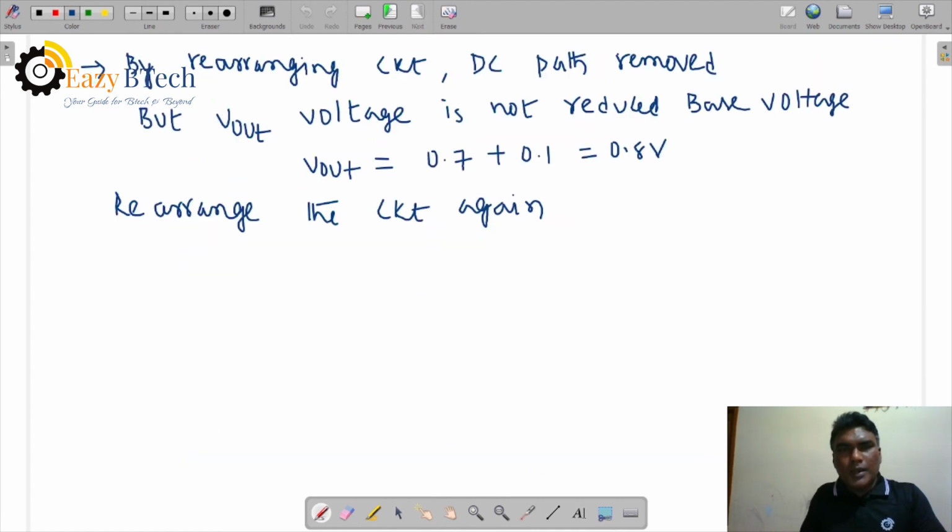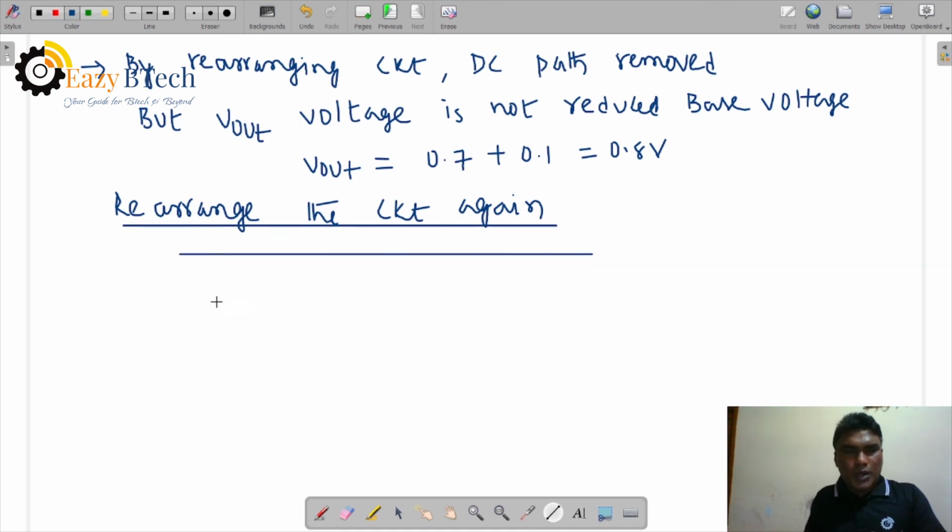Then we can again rearrange the circuit by placing a resistance path over here. This is a bipolar transistor.